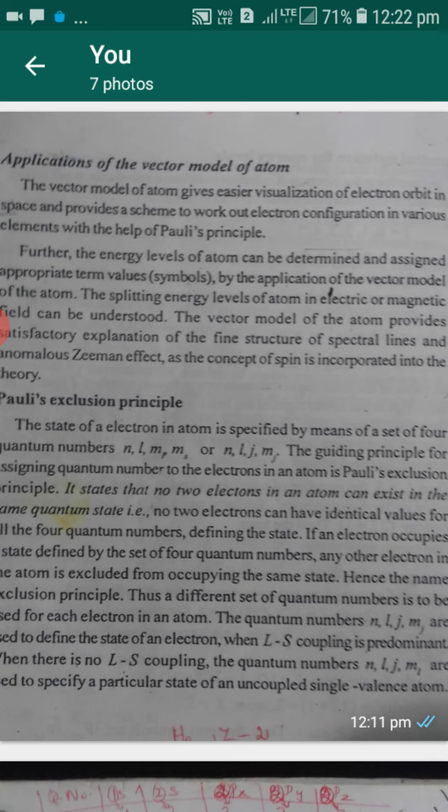Here we take the quantum numbers n, l, ml, ms. n means principal quantum number, l means orbital quantum number or azimuthal quantum number, ml means magnetic orbital quantum number, then ms means magnetic spin quantum number. That is Pauli's exclusion principle.